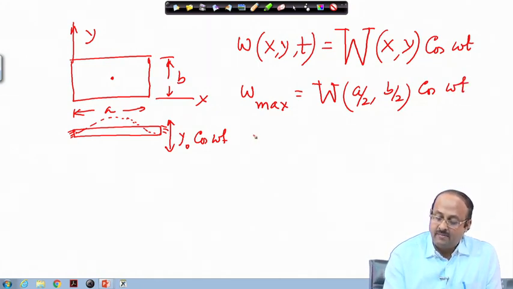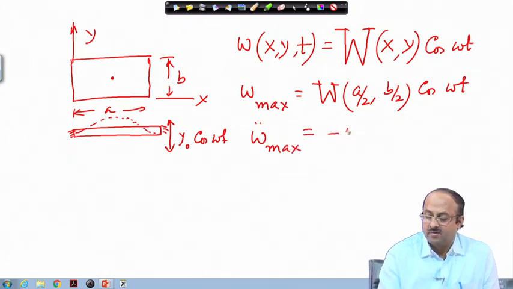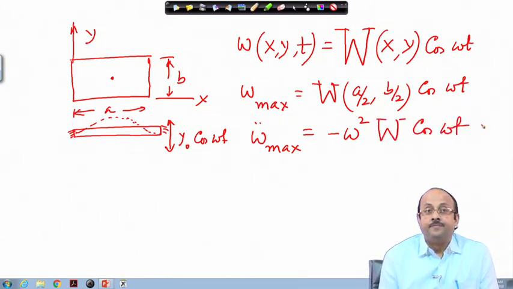So, the maximum acceleration will be minus omega square W at this value and cosine omega t.